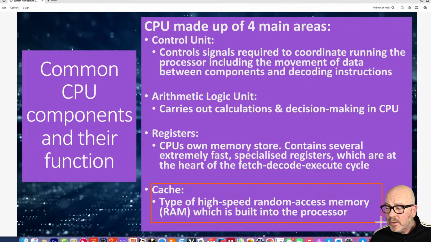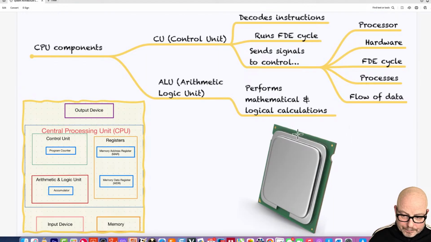You've got the game that you play the most often sitting near your Xbox or in it. That is cache. The data you're going to use the most often is going to be kept there because it saves having to go to RAM and get it each time, because it takes more time. So it's all about doing things as quickly as possible. So that is cache.